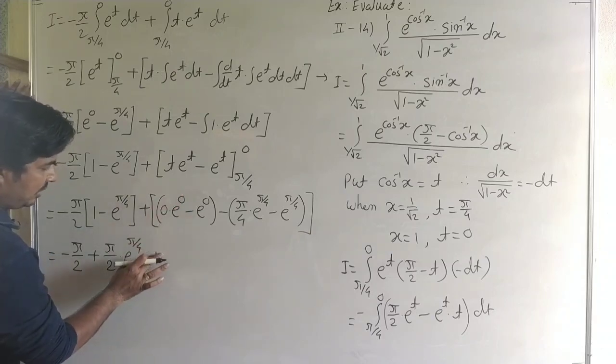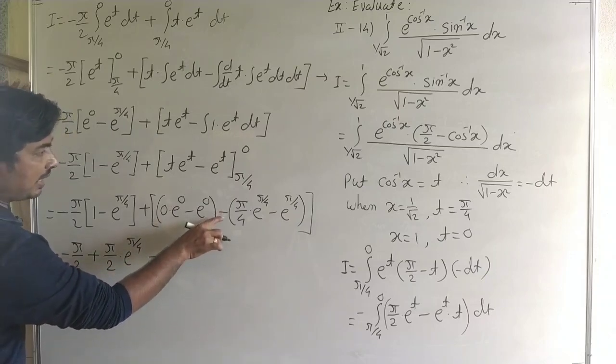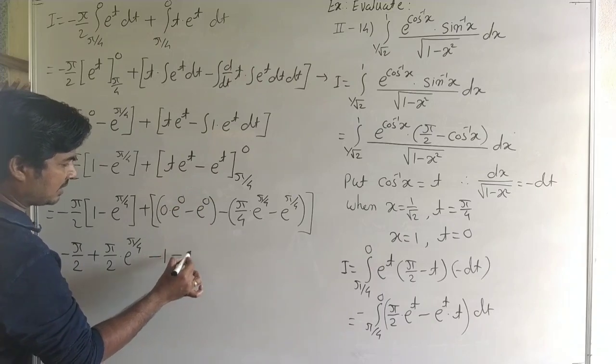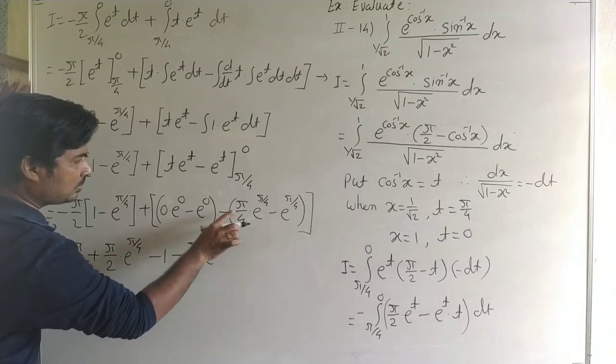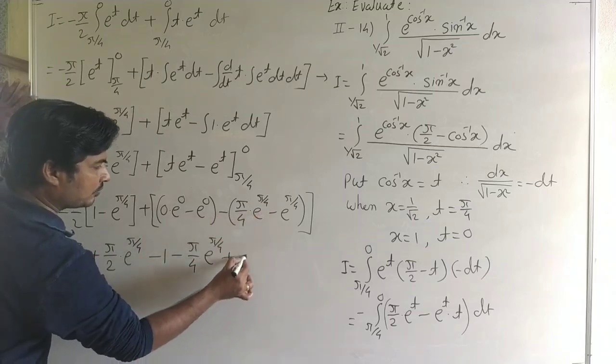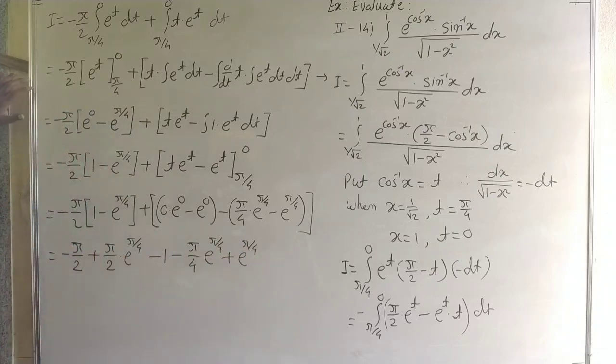So we can write here it is minus 1, in this bracket. And here it is minus, see carefully, minus pi by 4 into e to the power pi by 4, and this minus minus plus e to the power pi by 4. Now we take common e to the power pi by 4.